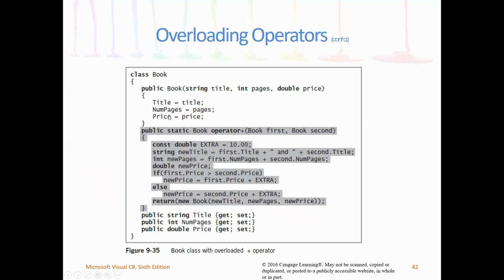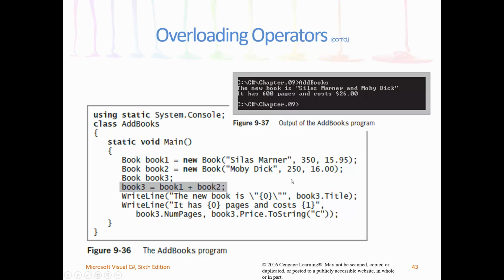In the example that you see right here, again, we are overloading the plus operator, which is allowing us to add object values, and we're overloading the greater than operator. And here's some examples.